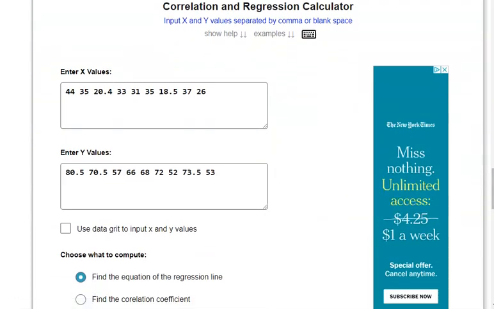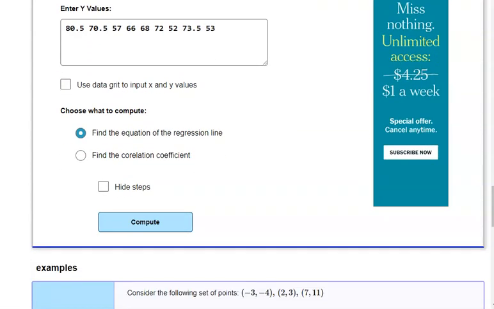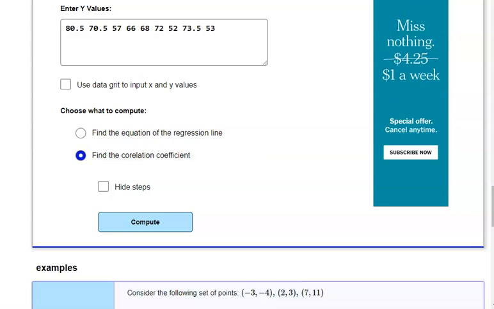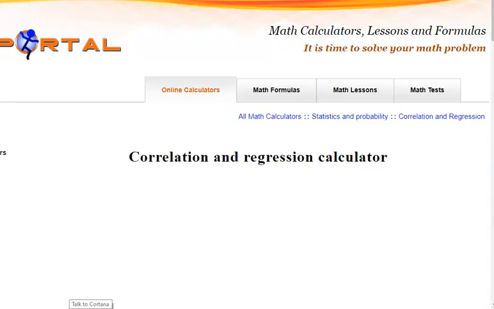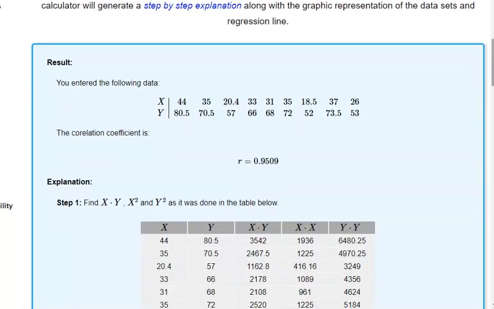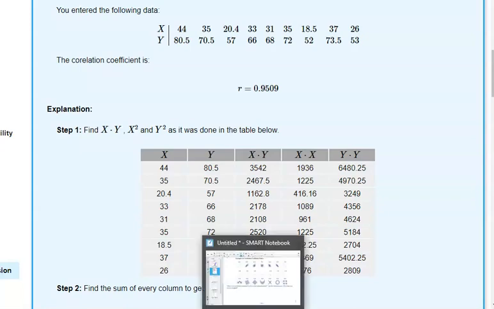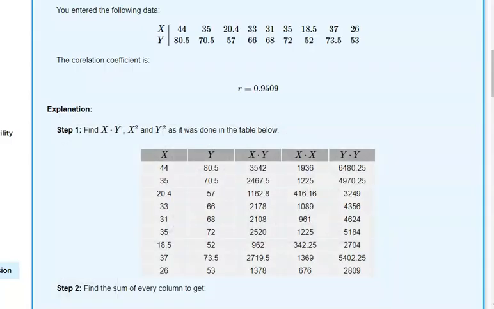Notice the website keeps your data in place, and gives you the opportunity to find that correlation coefficient if you so choose. I'm going to hit compute, and we're going to scroll down, and voila, there it is. Our correlation coefficient for the regression line that statistics says is the best line is 0.9509.